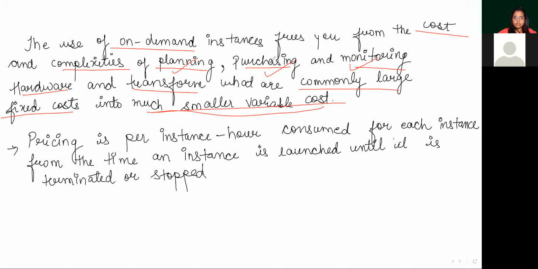So I cleared this, that it is charging per instance hour consumed from the time the instance is launched until it has been terminated or stopped. As soon as you stop, the billing will also stop.